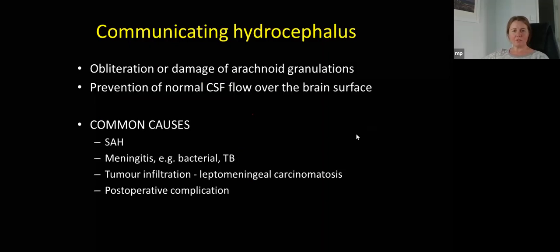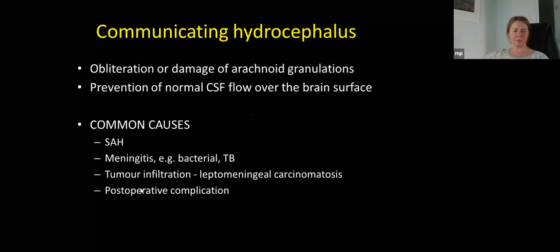So in communicating hydrocephalus, you have damage of the arachnoid granulations. So CSF, instead of being blocked, can't flow freely across the brain surface. And this is often due to subarachnoid hemorrhage, meningitis of any type, can be viral as well, tumour infiltration, otherwise known as leptomeningeal carcinomatosis, or it can be post-operative.